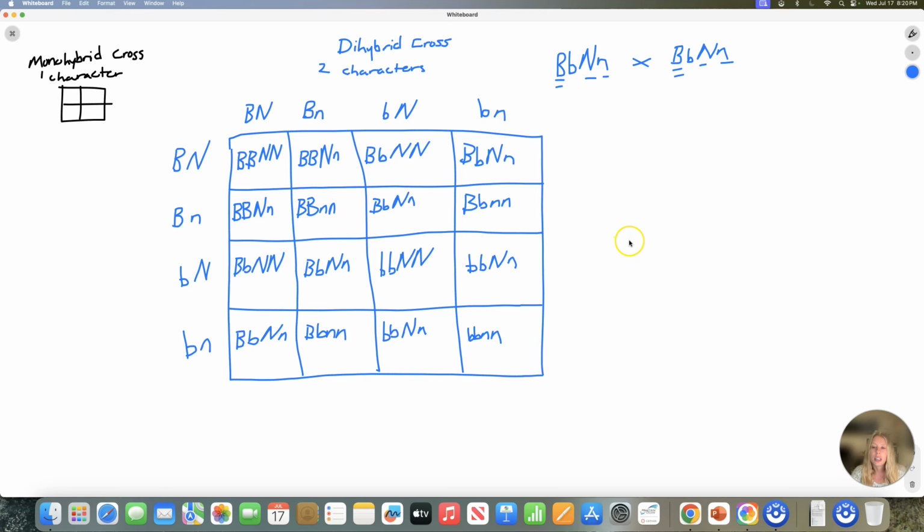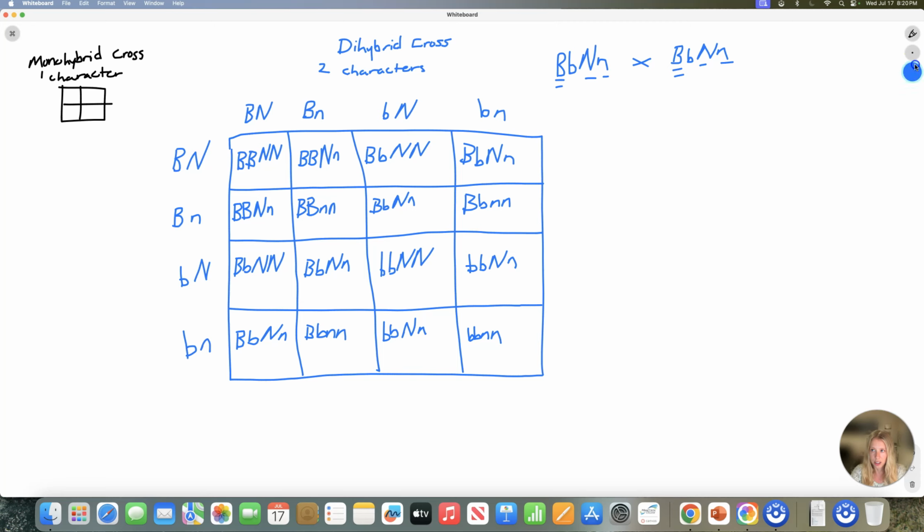So we can quickly tally this up. We're first going to tally up black labs with normal vision, so they need to have a capital B and a capital N, at least one of each. It looks like we have 1, 2, 3, 4, 5, 6, 7, 8, and 9 right there.